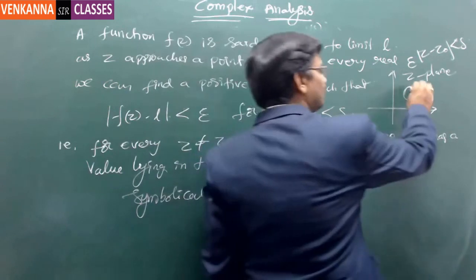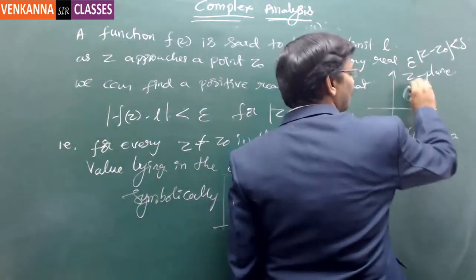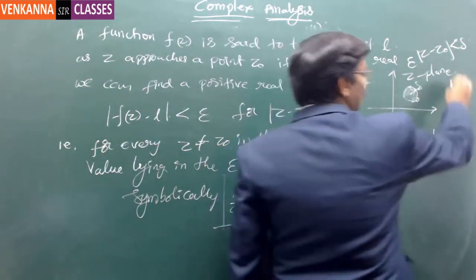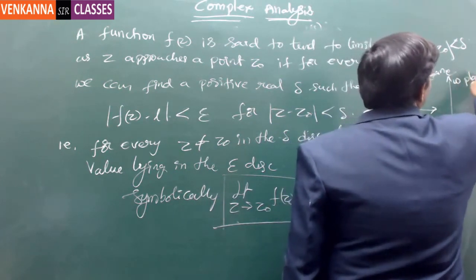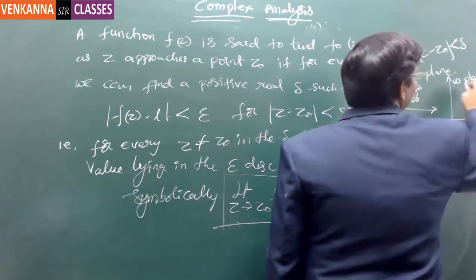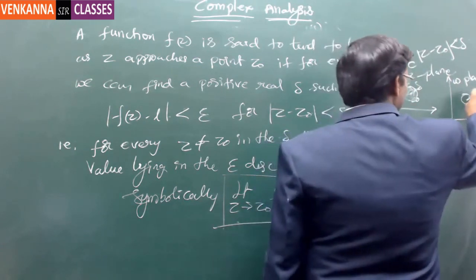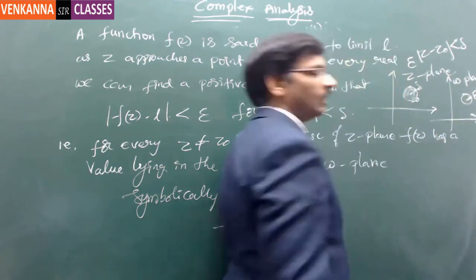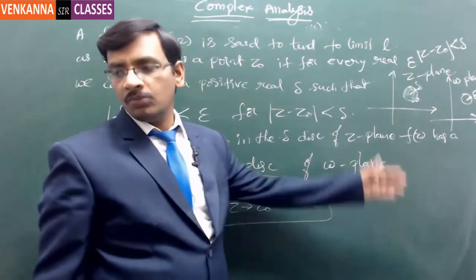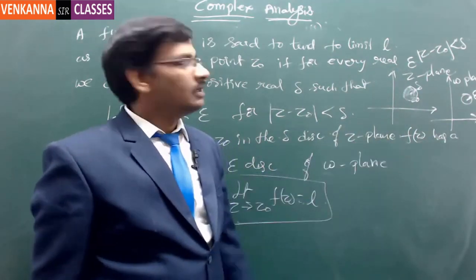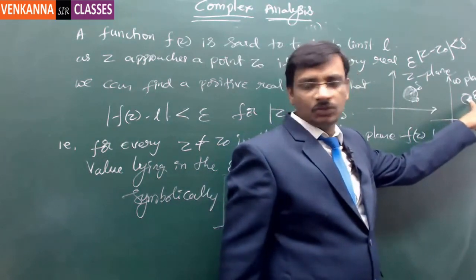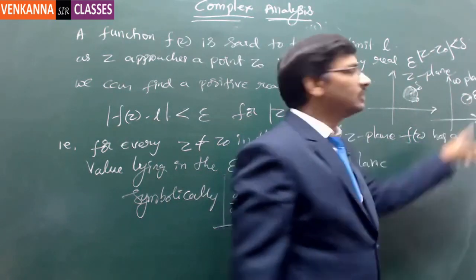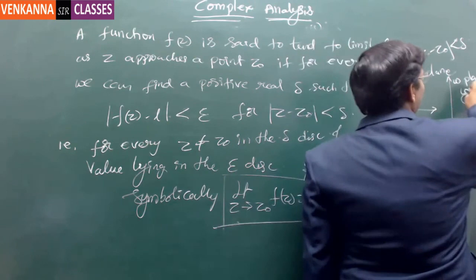So within this region, whatever point you select, if you correspondingly map the function value on the W plane, it will be on a different disk like this, and this disk is epsilon. Got it? And both are almost 0. That is the condition there. So you are trying to approach this point, the value here. So this point is W naught.